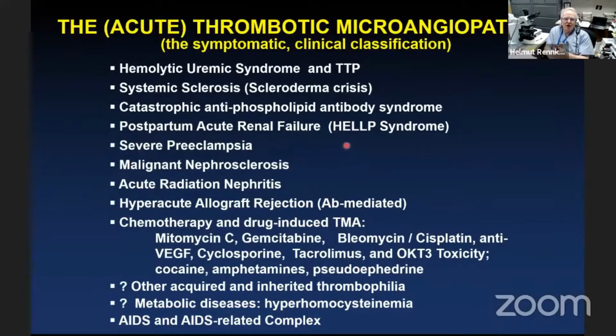As you all know, usually the classification of the thrombotic angiopathies is based on the clinical presentation. Unfortunately, in my opinion, these presentations are just the tip of the iceberg, and we are missing most of the chronic.